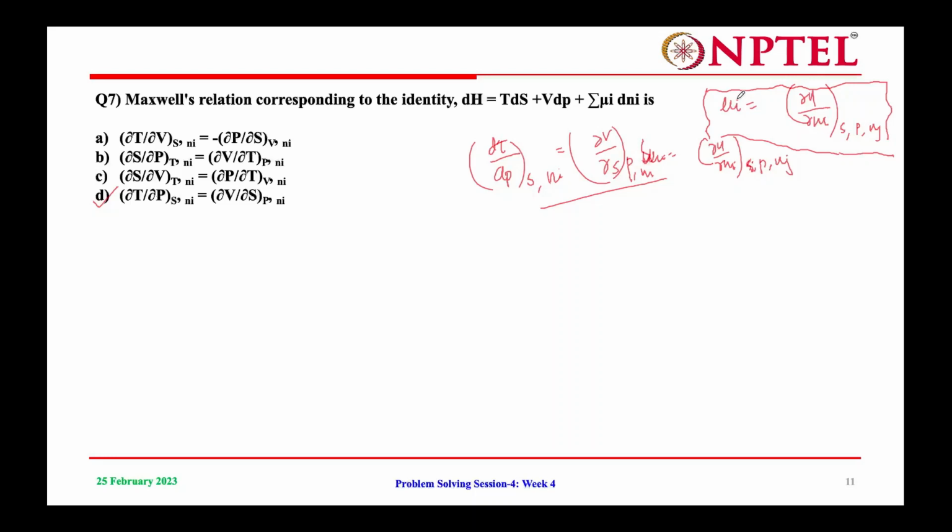I think in the next session we will discuss excess properties and so on, based on this. Here ni is a composition, like mole fraction, mass fraction and so on.